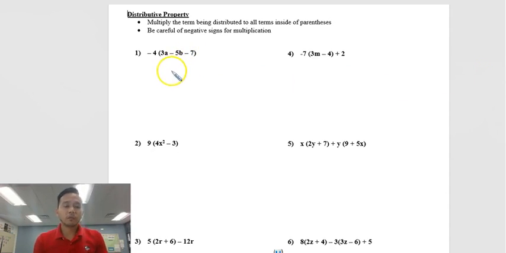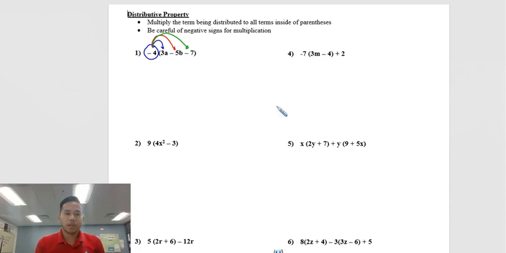So we have to distribute negative 4 to the coefficient of each variable: negative 4 times 3a, negative 4 times negative 5b, and then negative 4 times negative 7. Make sure that you distribute the number to all the numbers inside your parentheses.